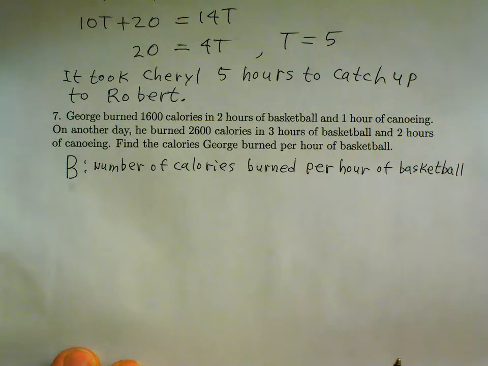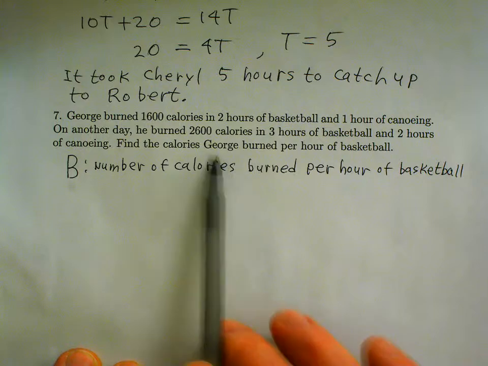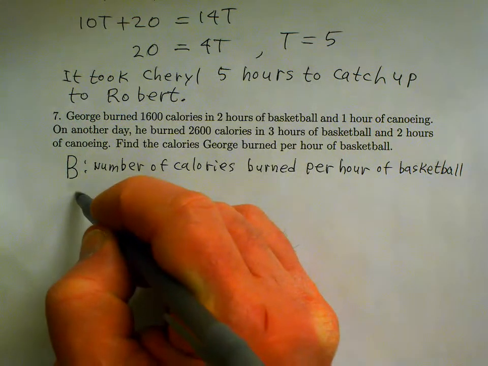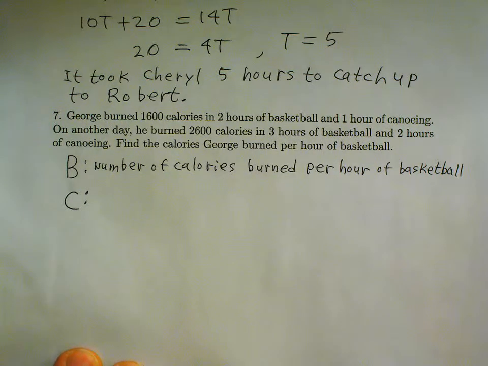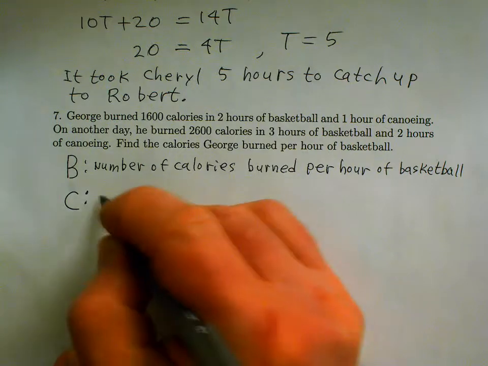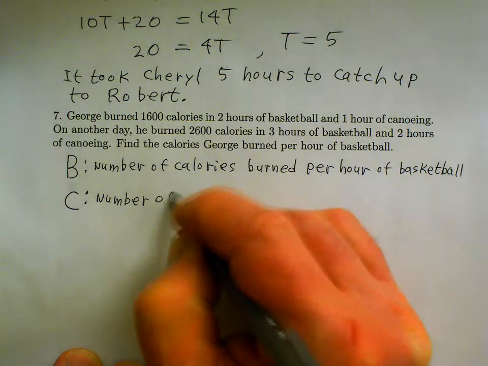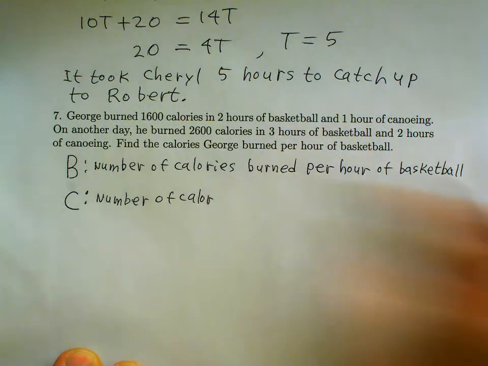It doesn't ask us to find the number of calories George burned per hour of canoeing, but we have to take it into account. So let's let capital C be the number of calories burned per hour of canoeing.